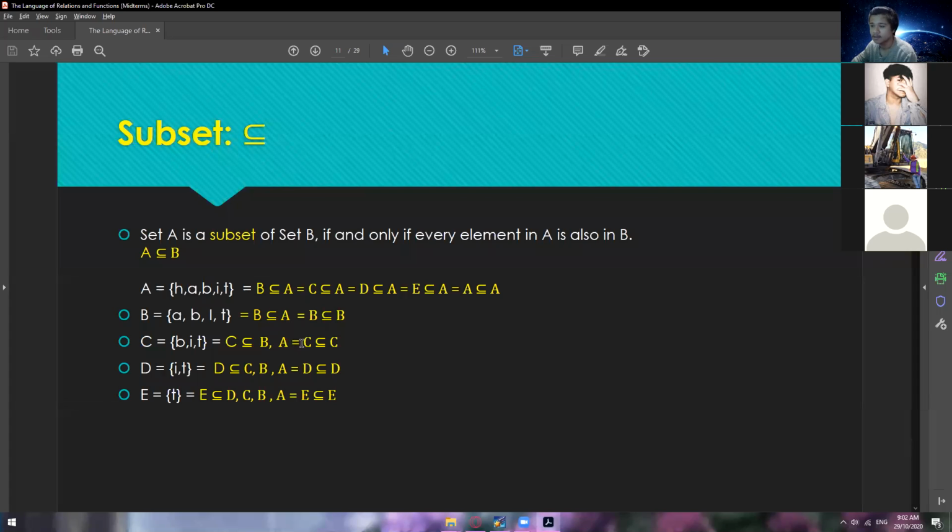I'll give you guys a minute to understand a little bit more what a subset is, including examples C, B, and E. As always, the subset is like the son, and the superset is like the father. All of the characteristics of the son can be found on the father set.